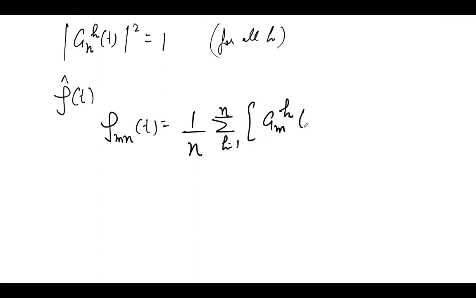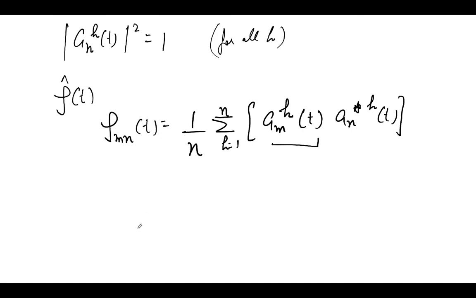It is an ensemble average of this quantity: a m k of t, the mth particle amplitude in the kth state, and the nth particle amplitude in this kth state, which varies from member to member in this ensemble.